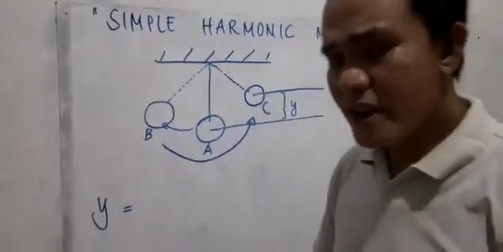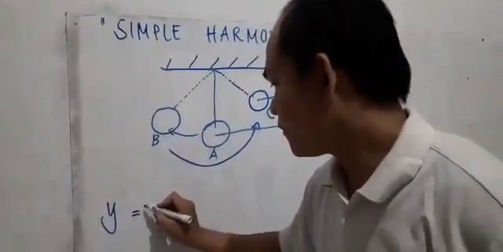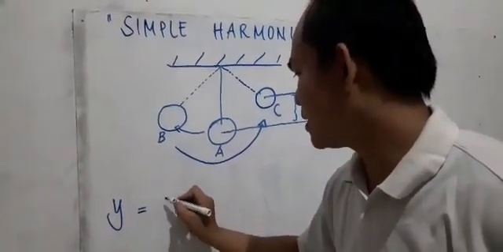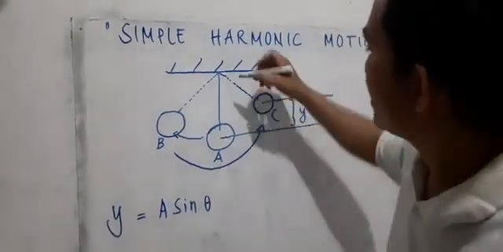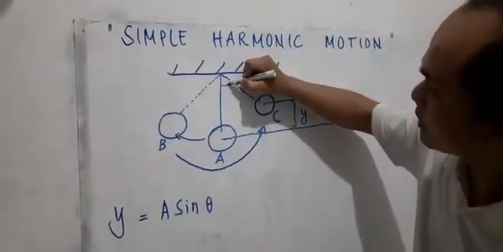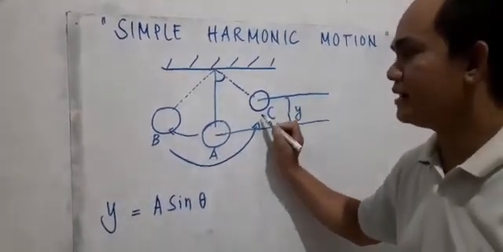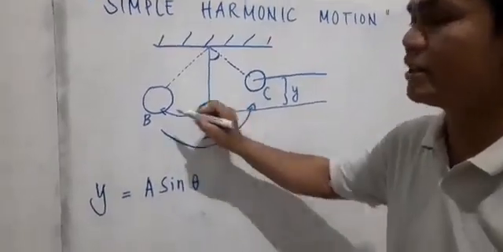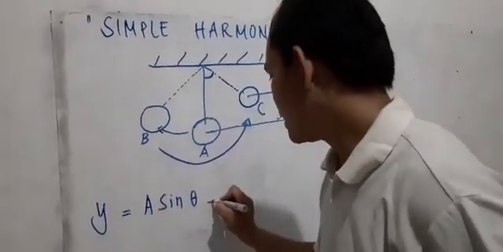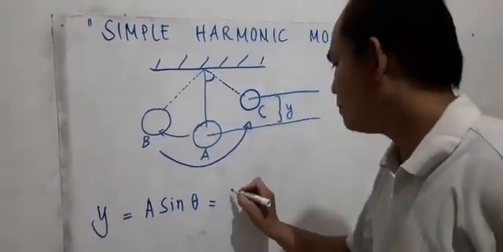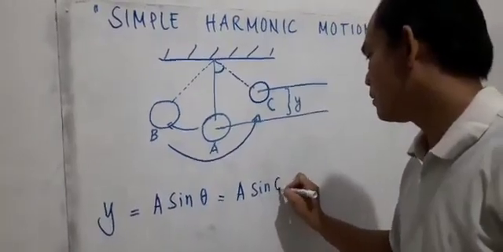The equation of the deviation of the pendulum is y = A sin theta, where theta is the angle between point A and point B. Then it can be developed to become y = A sin omega t.